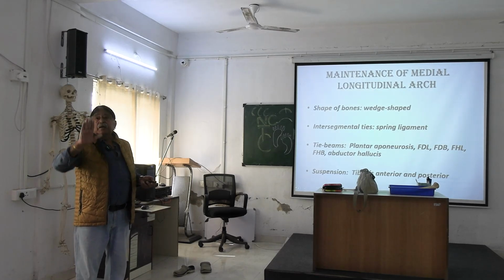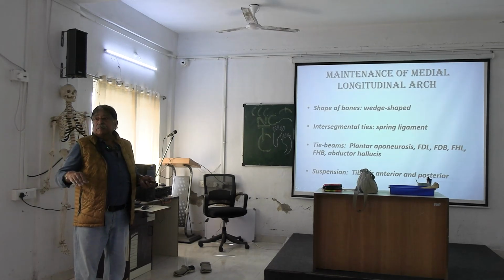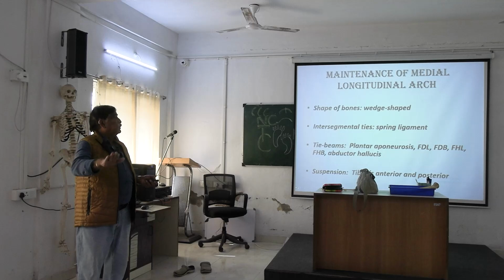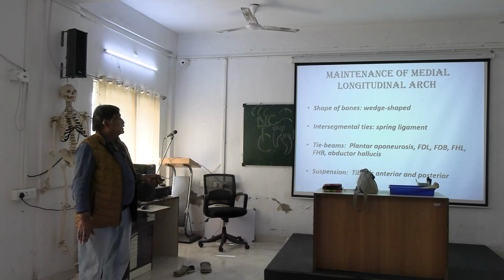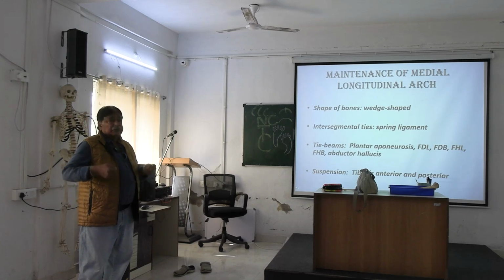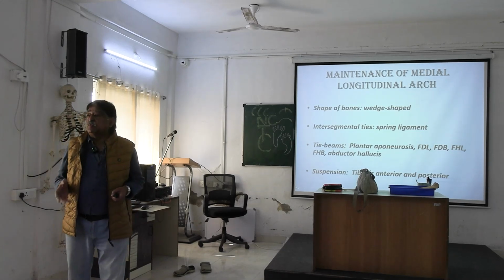When you dissect the plantar aponeurosis, you will see below it flexor digitorum longus, flexor digitorum brevis, flexor hallucis longus, flexor hallucis brevis, abductor hallucis. Suspension is tibialis anterior and posterior.